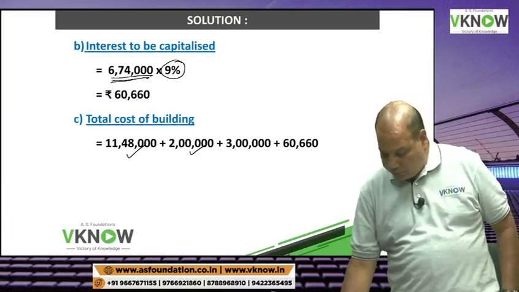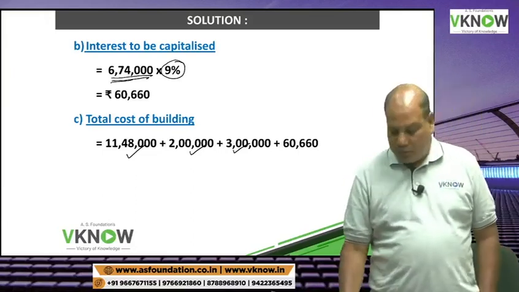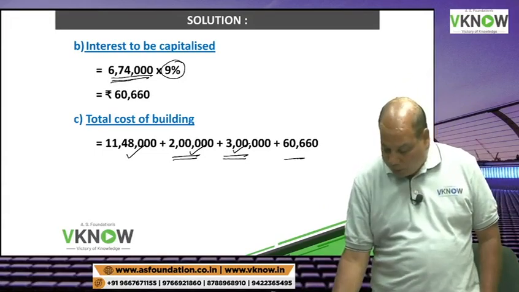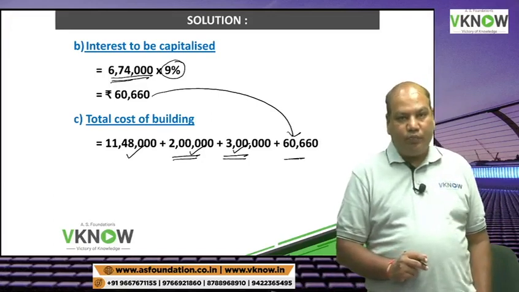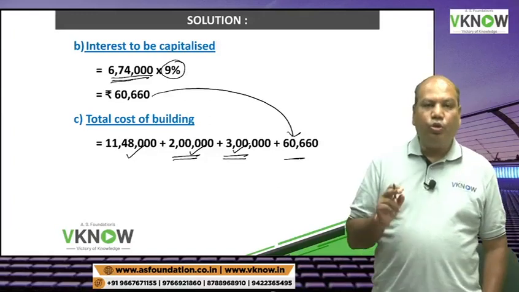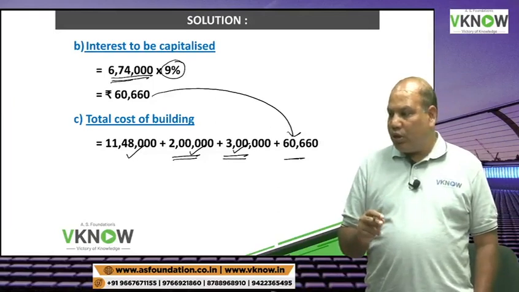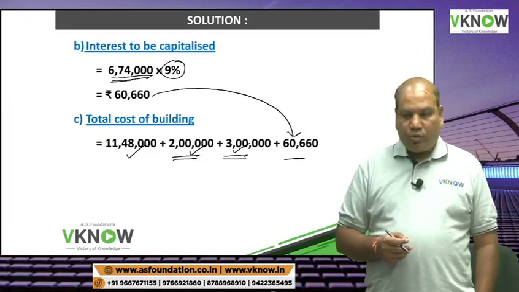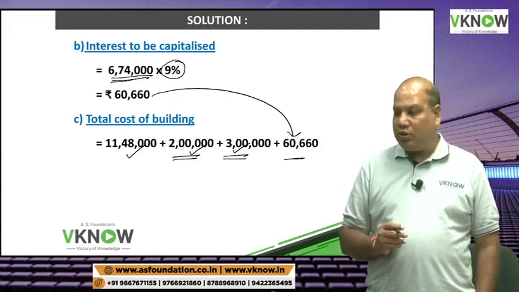This year we have incurred expenditure on construction work 2 lakh rupees and 3 lakh rupees, plus this borrowing cost will also get capitalized. So what is the total carrying amount of building? Add these numbers and give me the final answer.